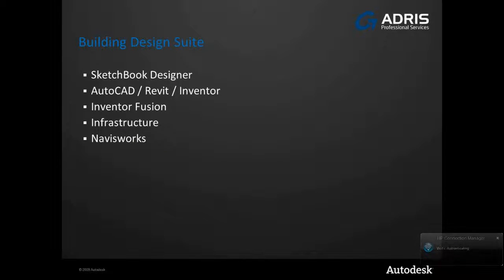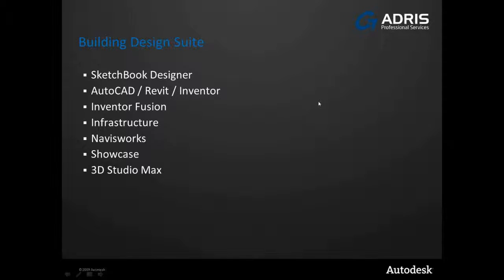We have Navisworks, which is a coordination, presentation tool. We have Showcase, which again is a presentation tool, and we'll look in greater detail at all of these in a moment. 3D Studio Max, so cinematic quality rendering and visuals.